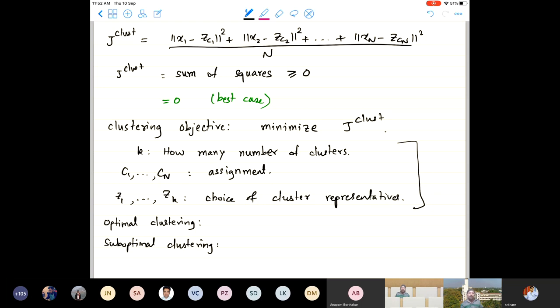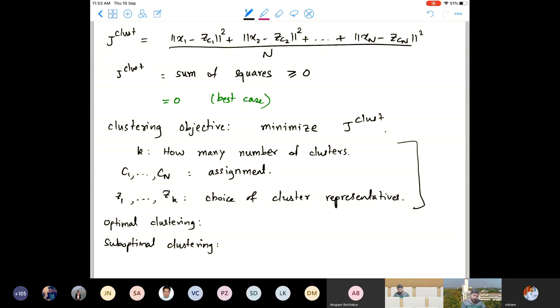The optimal clustering is a clustering where you are sure that by appropriately choosing K, C1 up to CN and Z1 up to ZK, you are able to minimize the cost function, the objective function JClust, after appropriately choosing all these decision variables in the optimization problem.